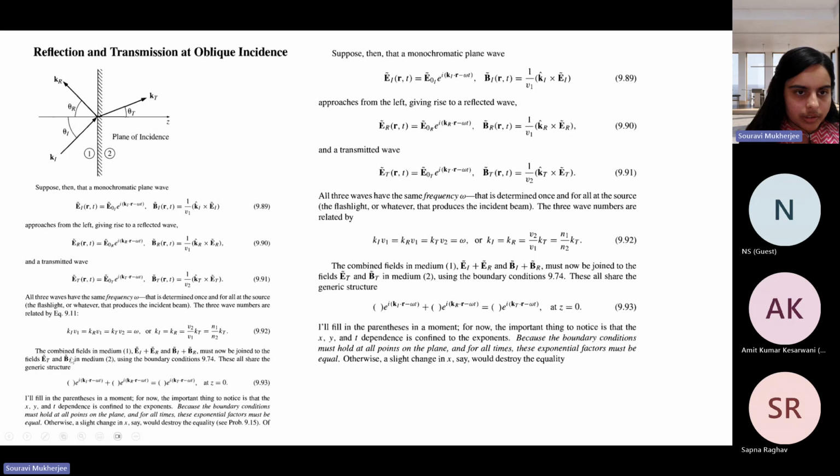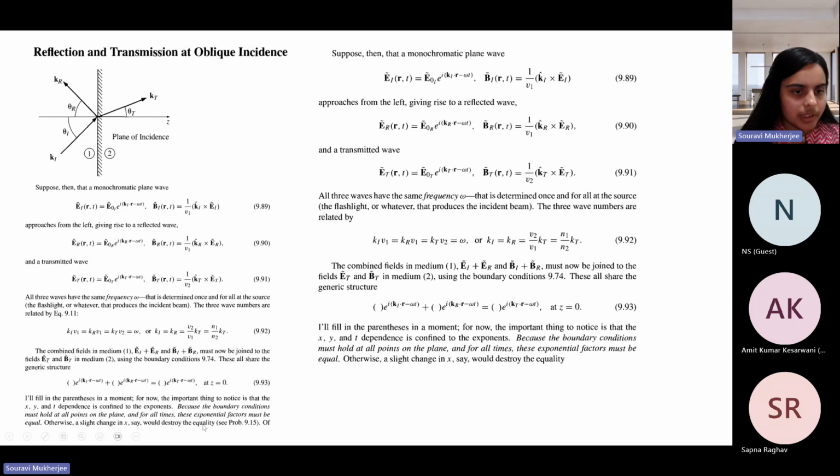And then the boundary conditions should always hold. The combined field of incident and reflected light, electric and magnetic fields, should satisfy the boundary condition with the transmitted light at all times. So it should not depend on omega t; e to the power i(k dot r minus omega t) should be satisfied always at all points on the plane and at all times.